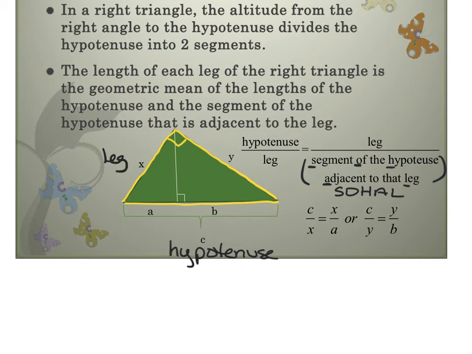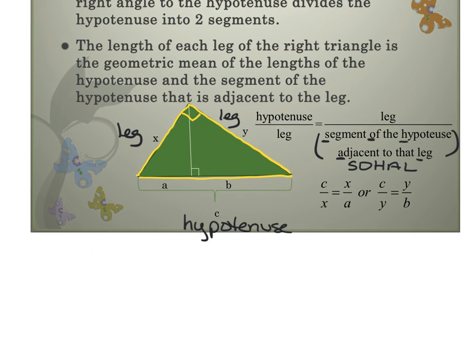X is a leg of the original yellow, and so is Y. So for my first proportion, when I want to talk about leg X, I'm going to take the hypotenuse, which is C, and put it over the leg, and then the same leg over its segment of the hypotenuse that it's right next to, which is adjacent to it.